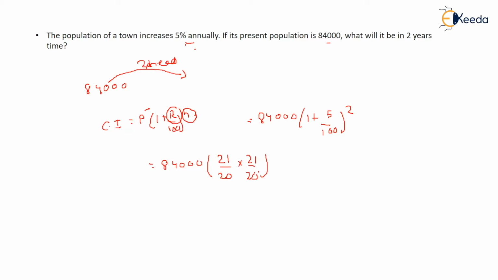After solving this, you will come to know the population of the village after 2 years. Okay, so this comes out to be 92610. This will be the population of the village after 2 years.